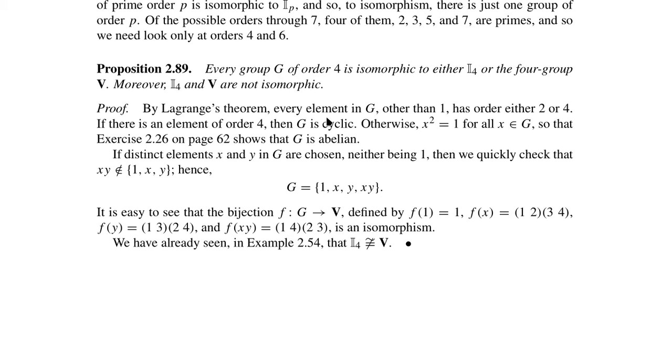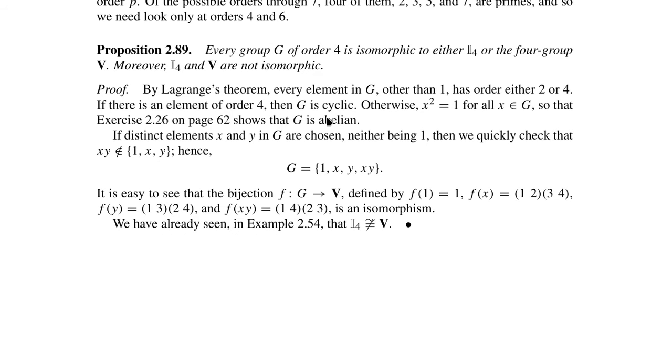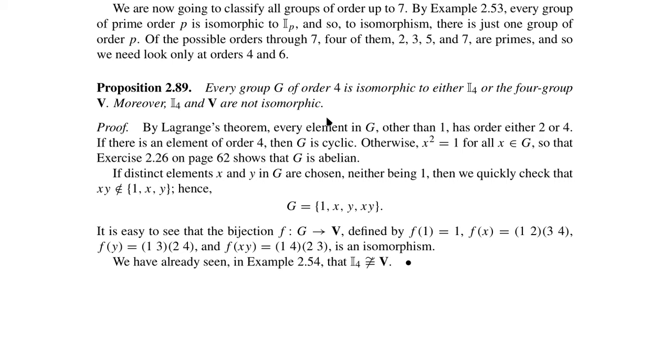But moreover, I4 is not going to be isomorphic to the Klein 4 group. Okay, so if you remember Lagrange theorem, we know that Lagrange theorem says that if you have a subgroup of a finite group G, then the order of the subgroup divides the order of the group, right? That's basically the Lagrange theorem.